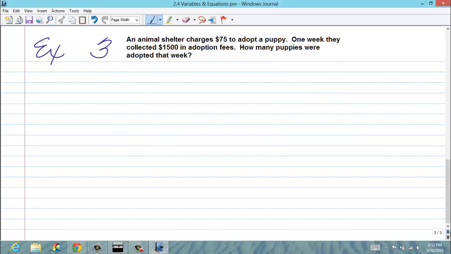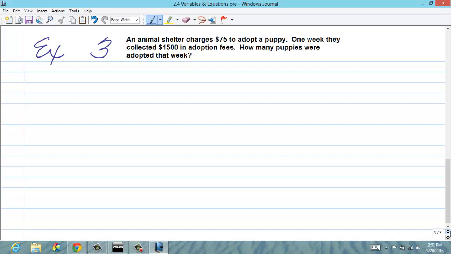Okay, third example. Now we're actually going to be looking at writing and solving an equation. An animal shelter charges $75 to adopt a puppy. One week they collected $1,500 in adoption fees. How many puppies were adopted that week? Let's start off by writing an equation. So the animal shelter charges $75 to adopt a puppy, meaning per puppy.